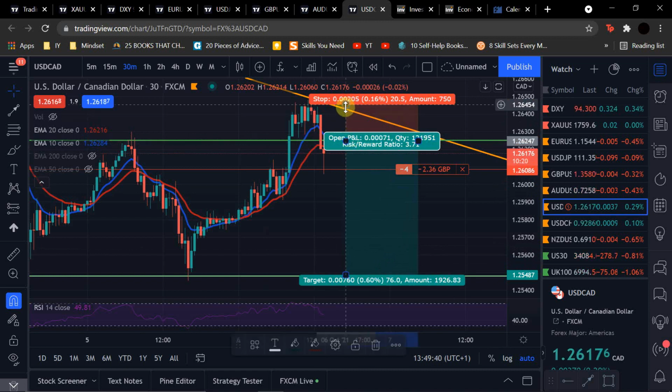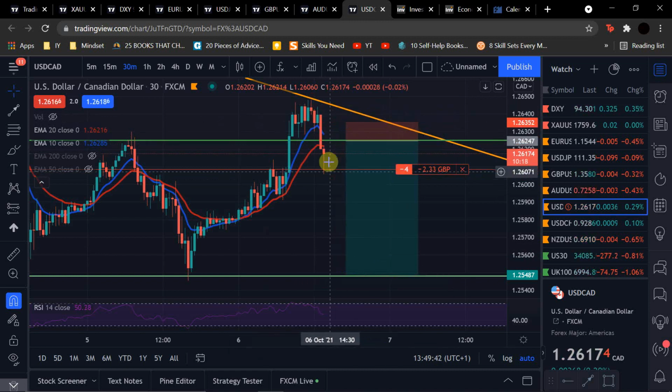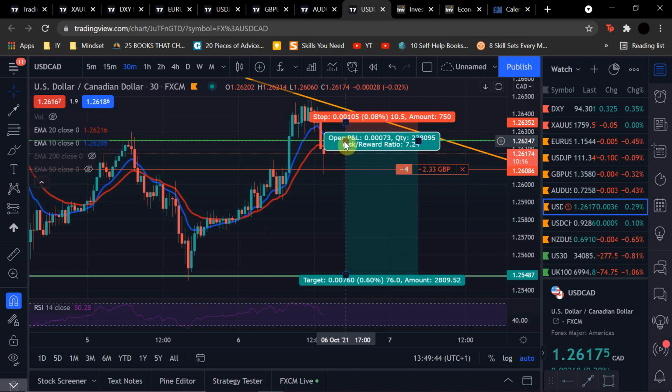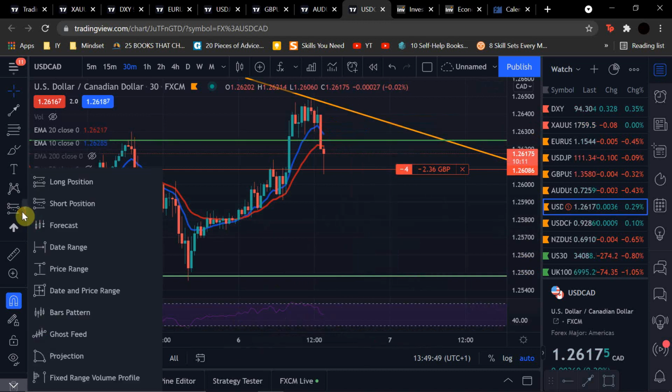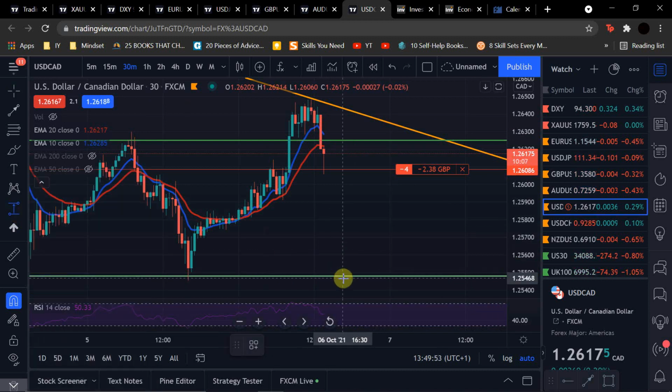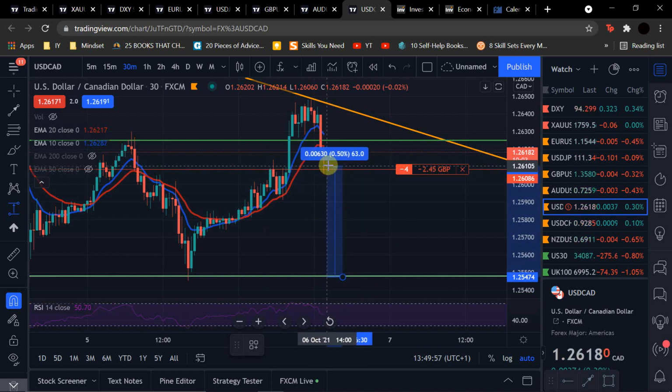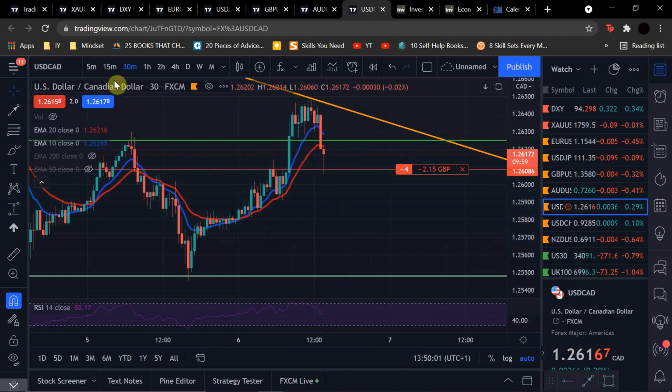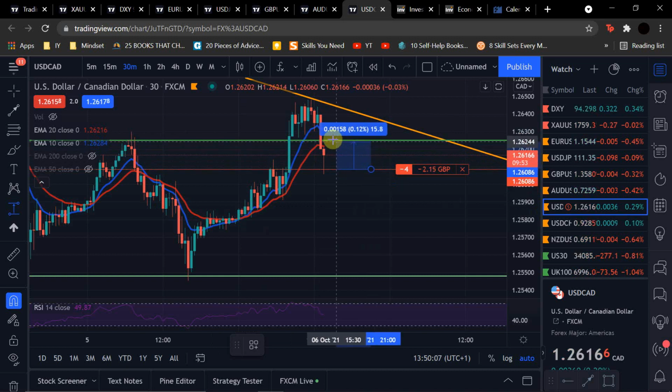So it's the next fib level. We got 60 pips, and if it closes above this area, 20 pips.